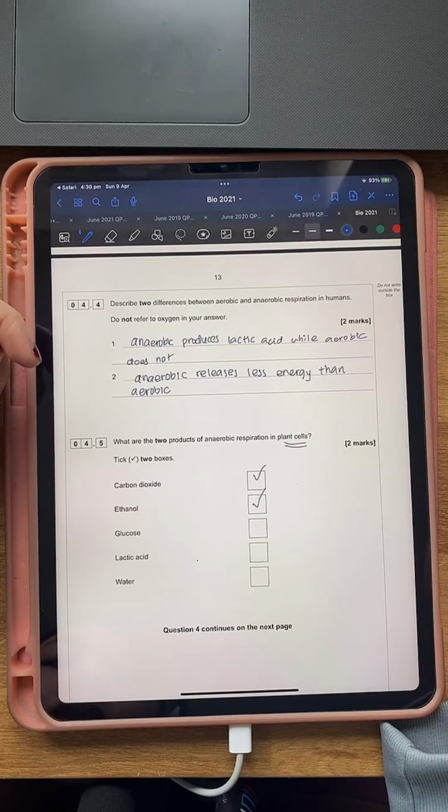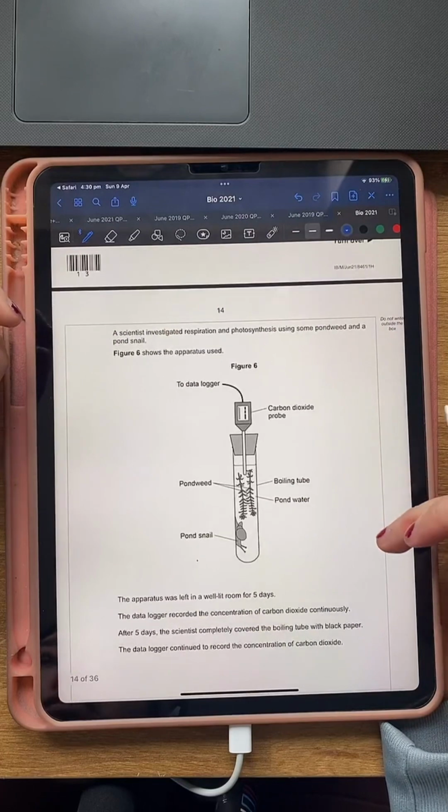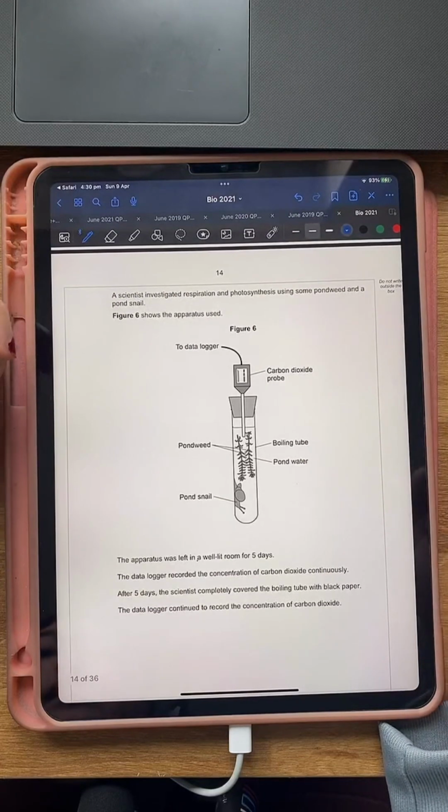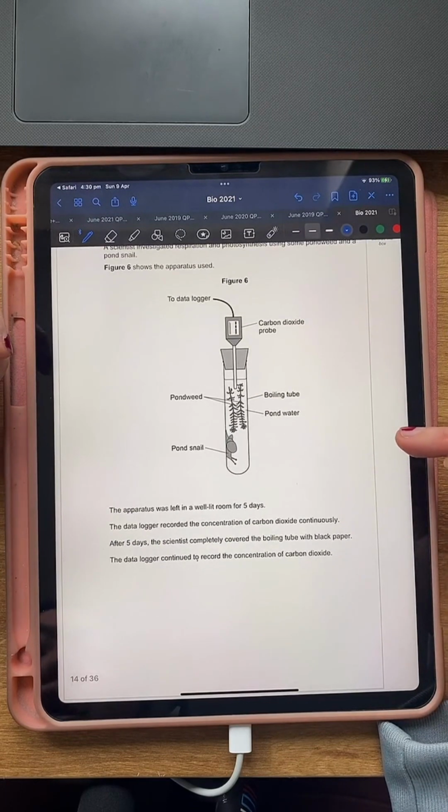A scientist investigated respiration and photosynthesis using some pondweed and a pond snail. Figure 6 shows the apparatus used. The apparatus was left in a well-lit room for 5 days. The data logger recorded the concentration of carbon dioxide continuously. After 5 days, the scientists completely covered the boiling tube with black paper, not black pepper.